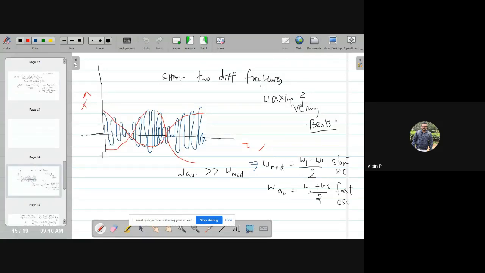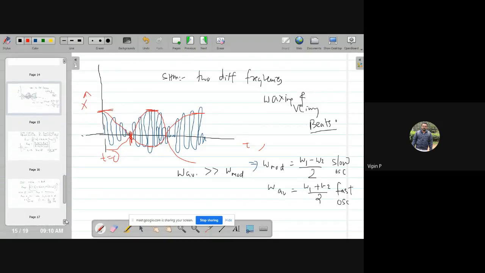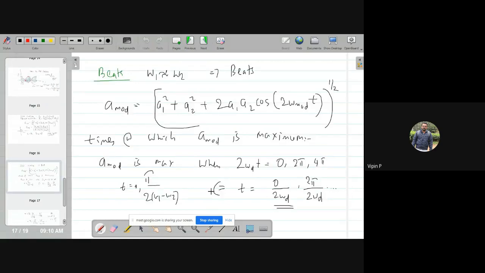So you see, at t is equal to 0, we have a maximum. And here we have a minimum. Again, we have a maximum here, we have a minimum, right? So that's what we see from the calculations as well. At t is equal to 0, we have the first maximum occurring.